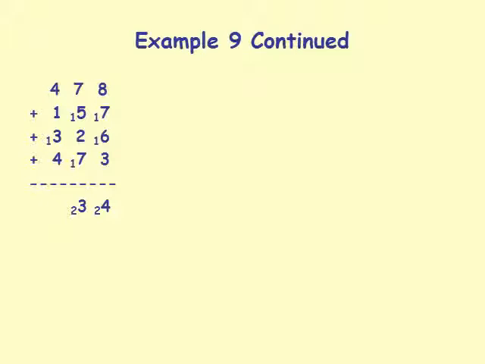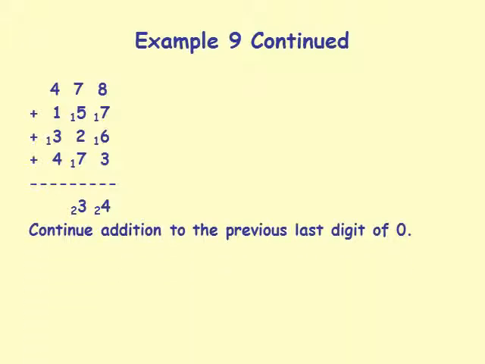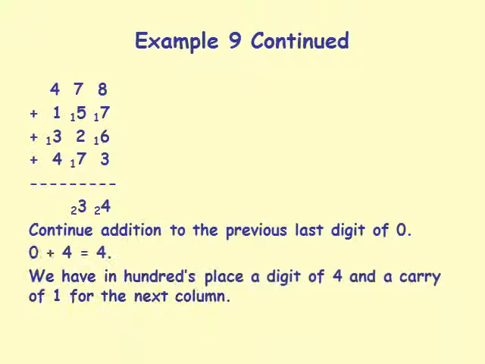Okay. So we are here. We had just come up with 10, and we continue with a 0 and we noted this carry here of 1. 0 plus 4 is 4. So we have 4 as an answer in the hundreds place and there's a carry of 1 for the next column.